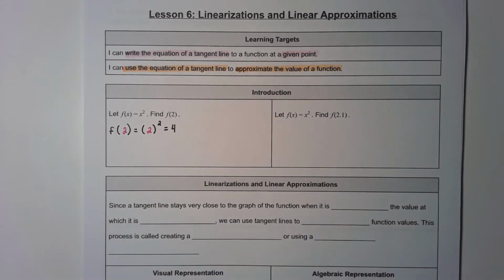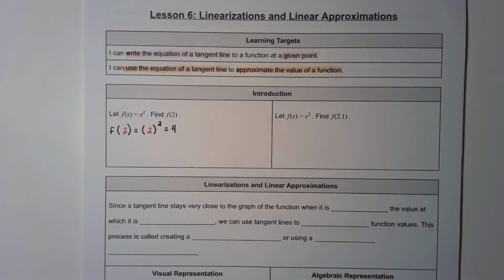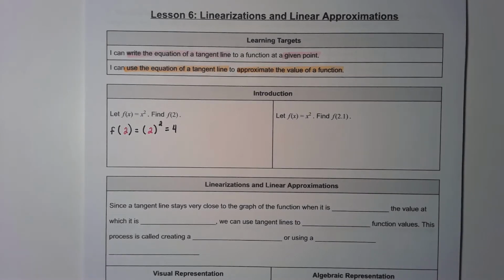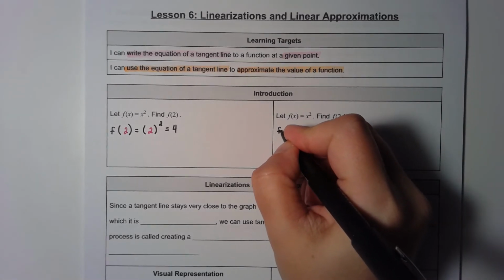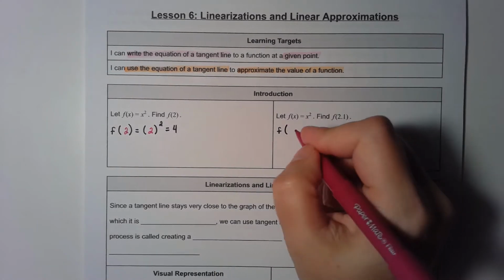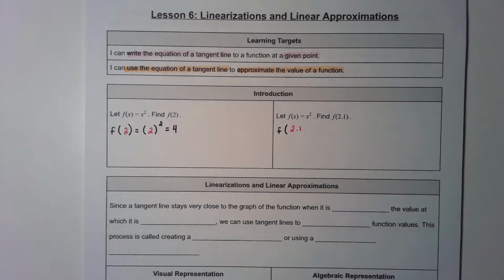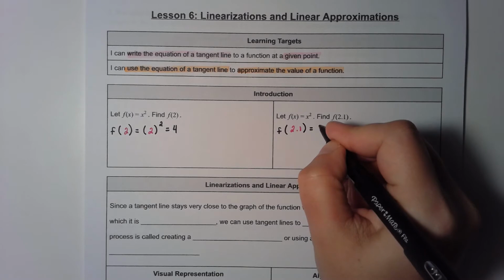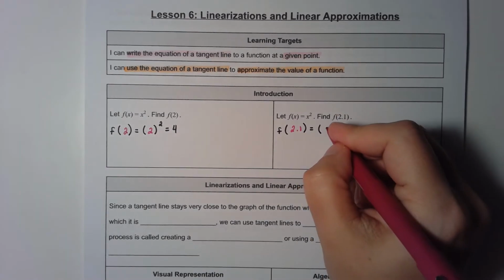Now that is fine, but what if I change the problem a little bit and I say, let's use the same function, let f of x equal x squared, find f of 2.1. Now that's almost the same thing as 2. However, the evaluation here, particularly if we wanted to do this problem without a calculator, suddenly becomes less mental math. It's something a little bit more complex for us to do.